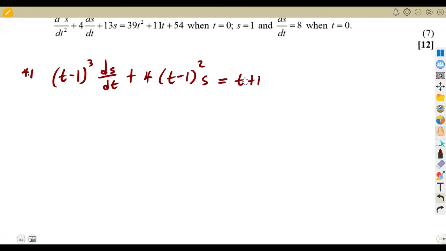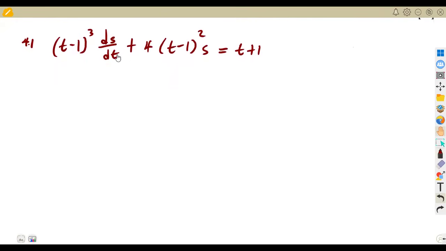The first thing that you're supposed to realize is we are working with a first order linear differential equation, which we know, if it was written in terms of x, was supposed to be written as dy/dx plus Py is equal to Q, where P and Q are functions of x.